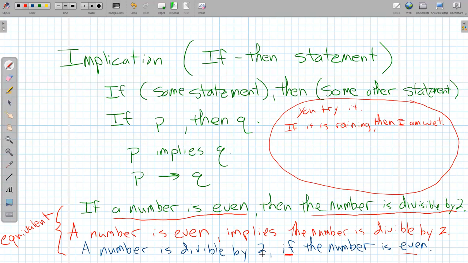So write 2 more equivalent statements to this one, similar to my even and 2 example. And then if anyone wants to share one of their alternatives in the chat, I would greatly appreciate it.